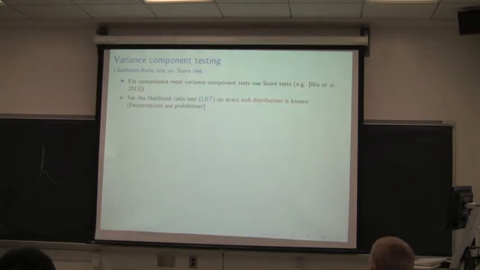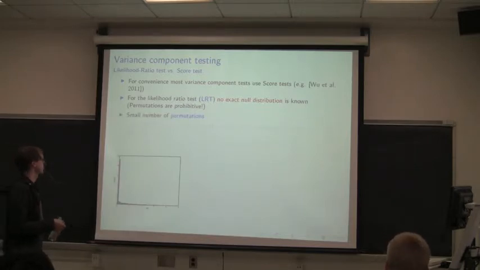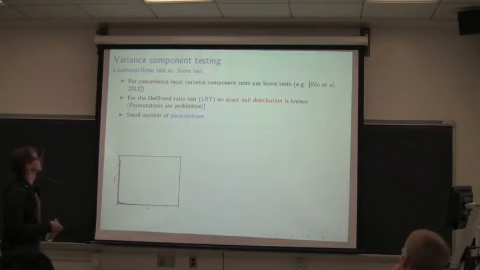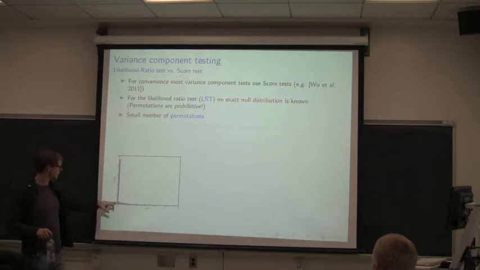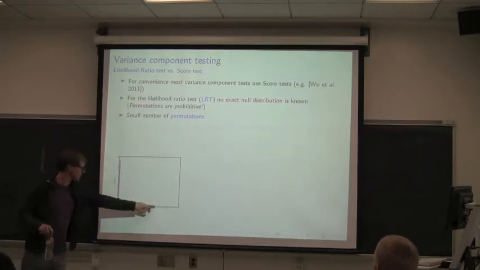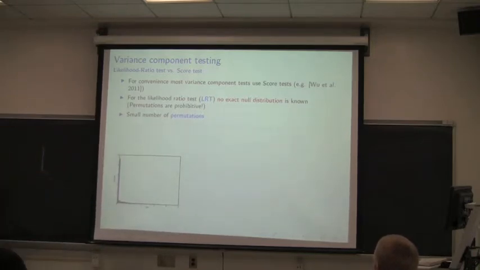But what you can do is, of course, permutations. The problem is that in order to do these permutations, you now have many cubic problems, so it's really expensive. This is what I drew again: the number of zeros, and then a long tail of non-zeros, so it's even more extreme than the way I drew it.